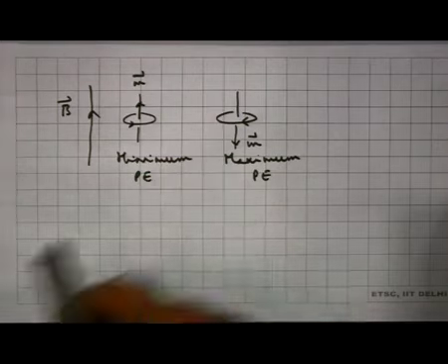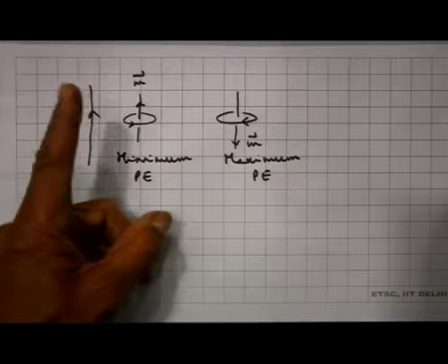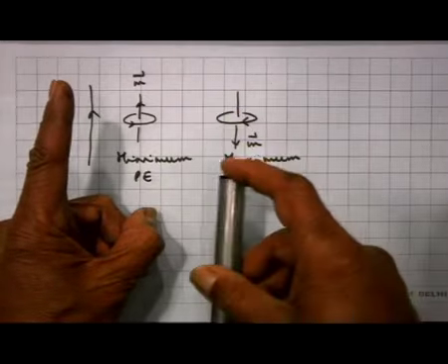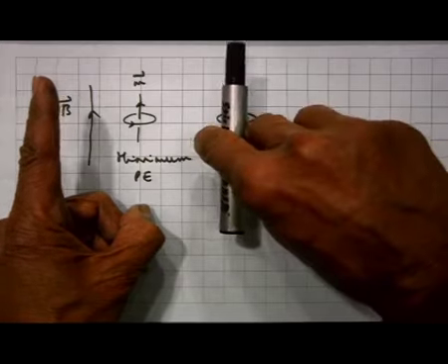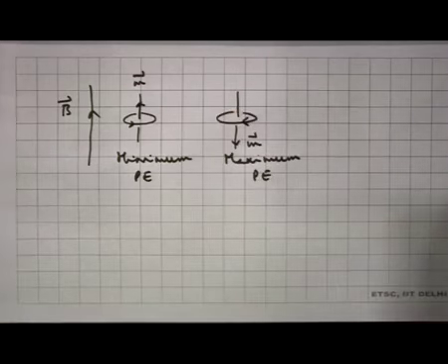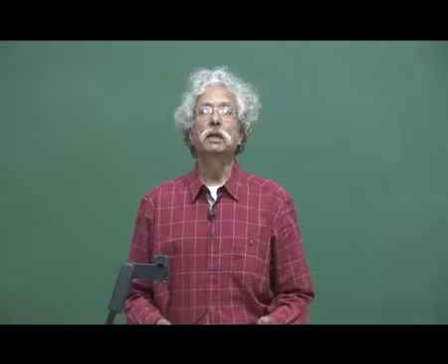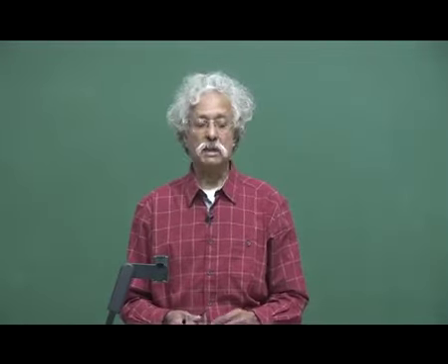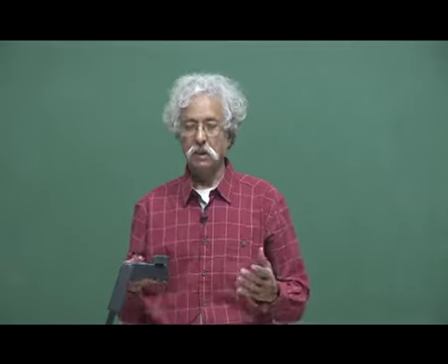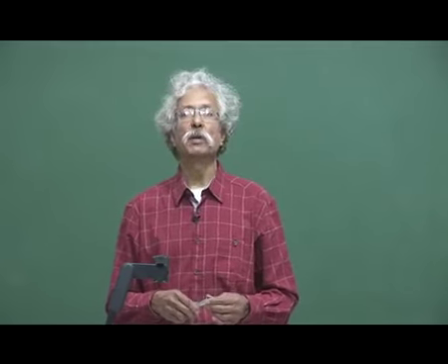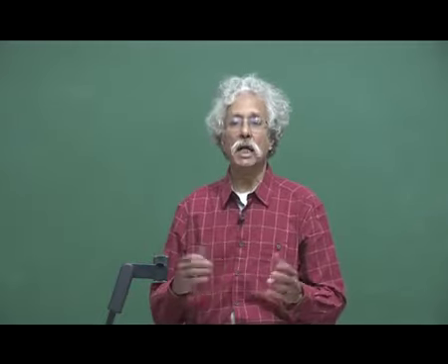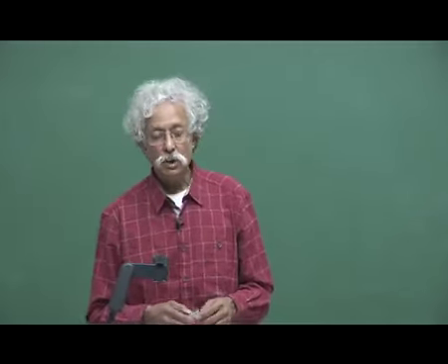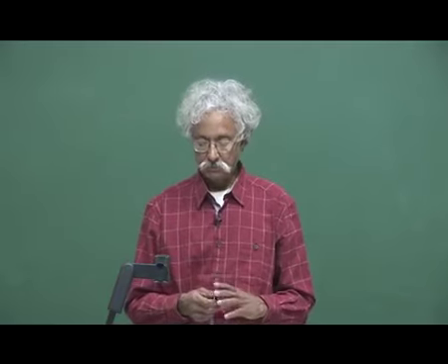So, if the magnetic field is pointing upwards and if my dipole is pointing downwards, I have maximum potential energy, and if I rotate it to the other direction, I have minimum potential energy when the magnetic dipoles are aligned with respect to the magnetic field, and this gives me a potential energy of the dipole, which is minus m dot b. So, whenever you place a dipole in a magnetic field, the magnetic field will apply a torque on the dipole, and that torque will try to align the dipole, and if you want to change its alignment, you need to do external work.